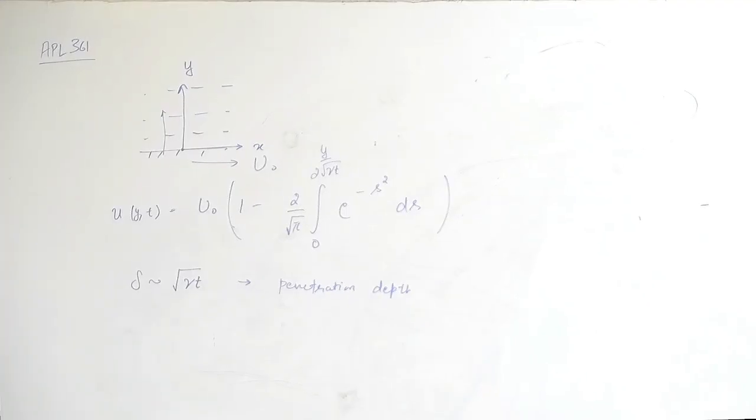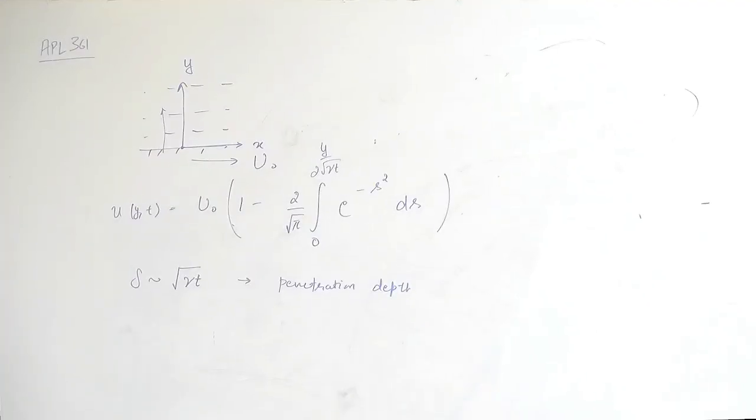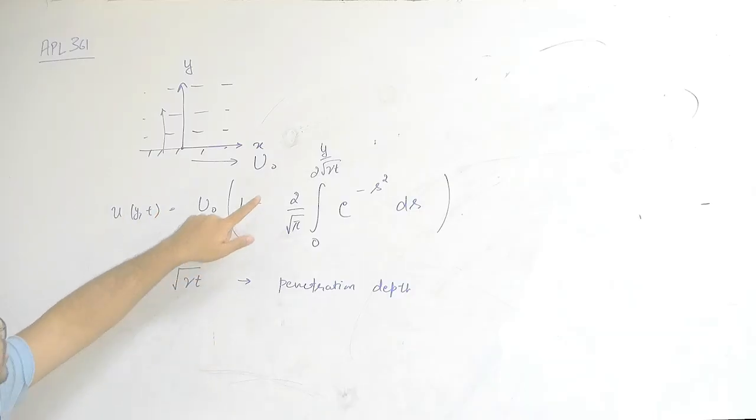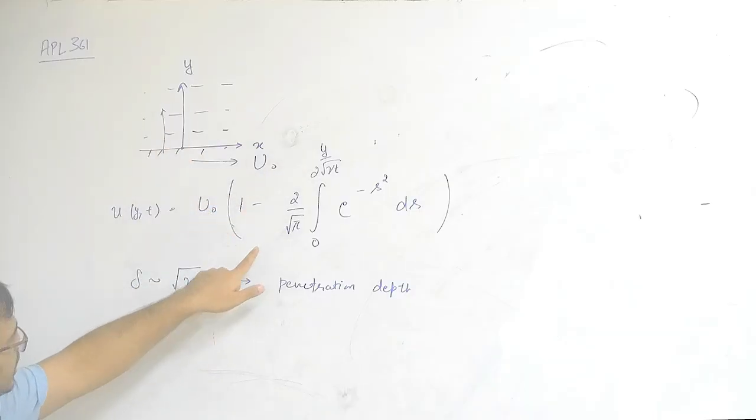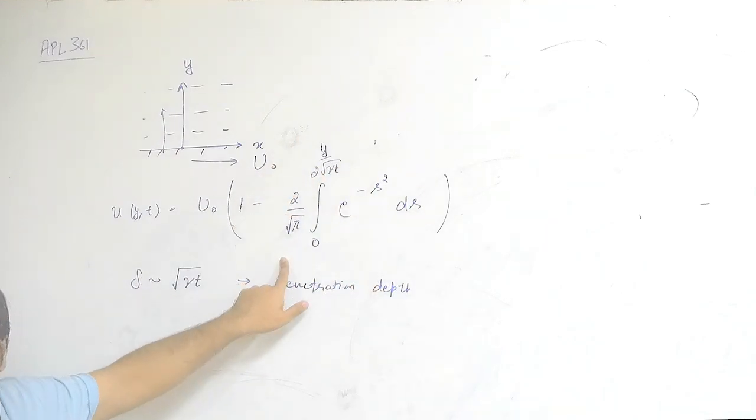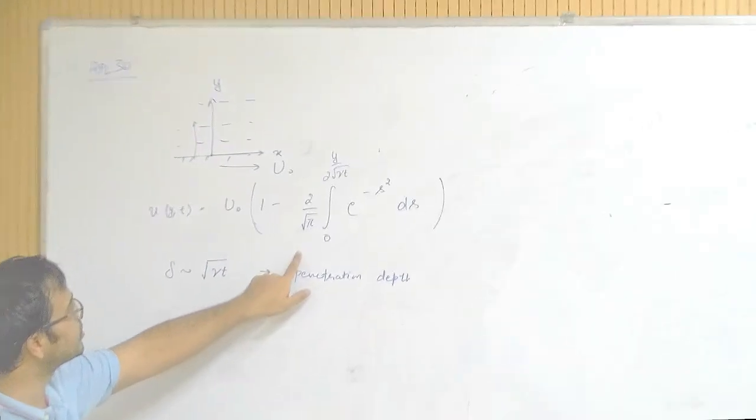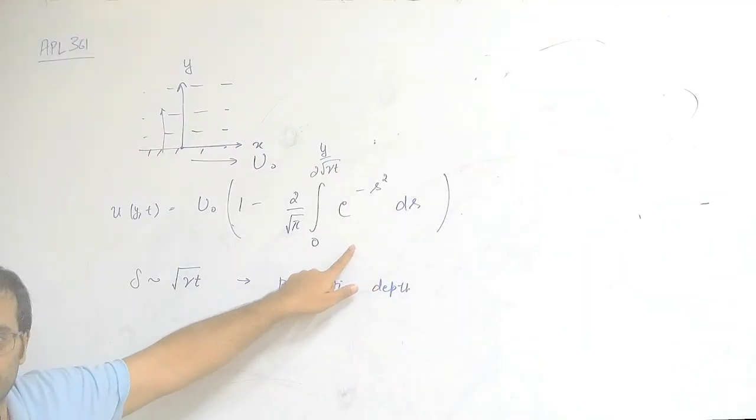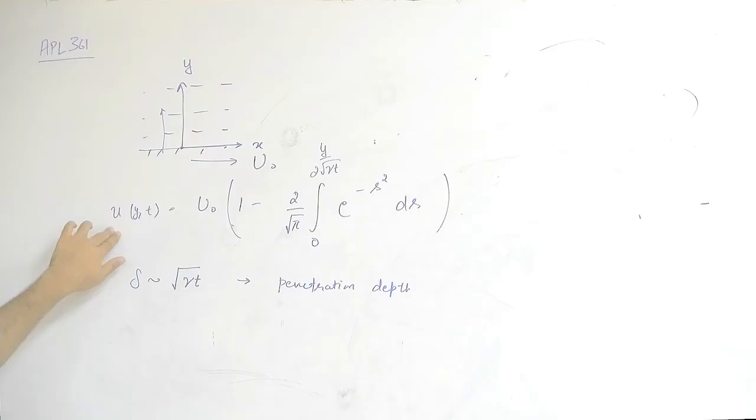For very large y compared to root nu t, this integral approaches 1, so 1 minus this integral approaches 0. So the velocity is very small compared to u naught.